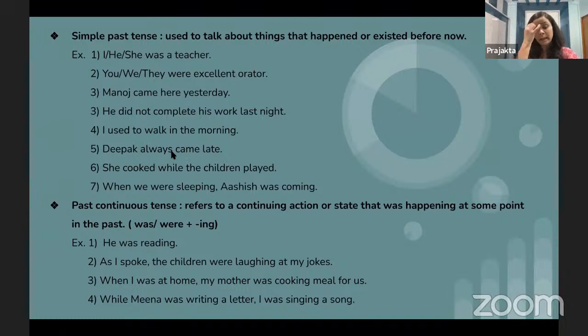See, I have skipped one thing, that whenever in simple present tense or simple past tense, these words like always, every day, daily, whenever we use these words in the sentence, we don't use helping verbs in the sentence. Deepak always came late. Okay, so we don't use a helping verb in this sentence.